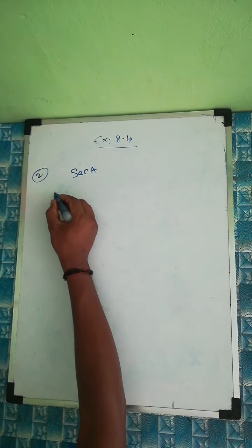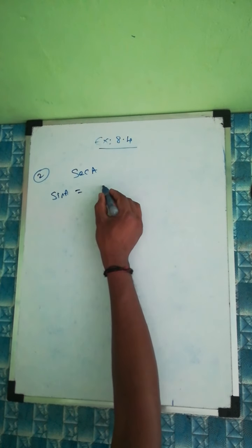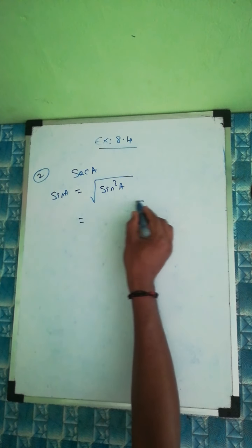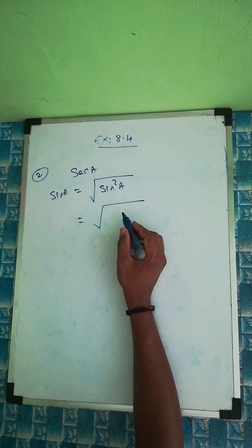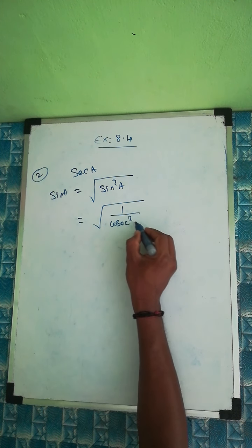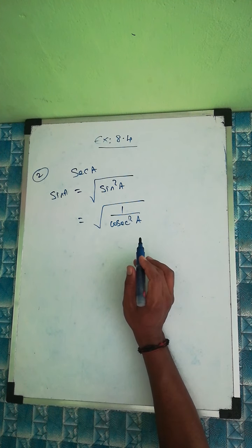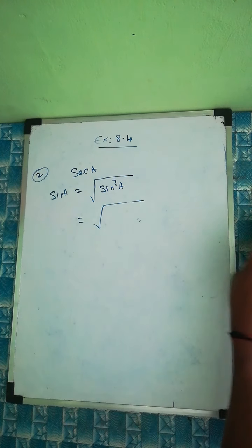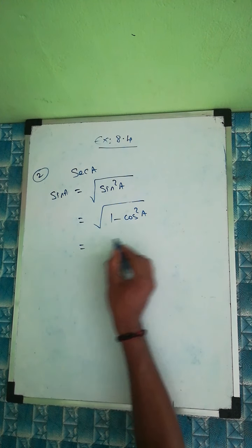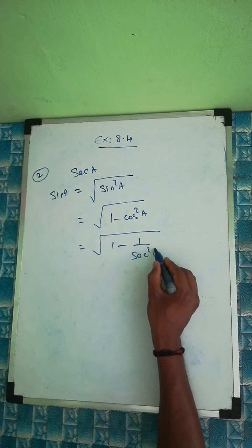So first one is sine, we'll take. If we take sine, we can just make it sine square. Actually we are going to make it in terms of sec, so I'll just do sine square is 1 minus cos square A. So 1 minus cos square, with cos as 1 by sec, we can write it the easy way.